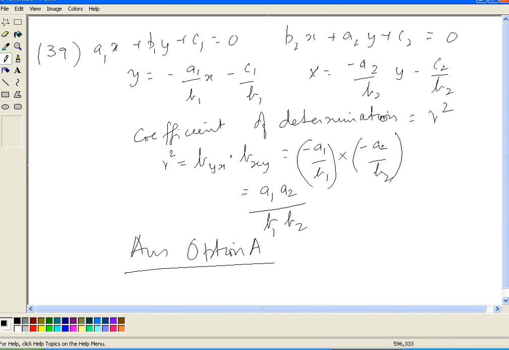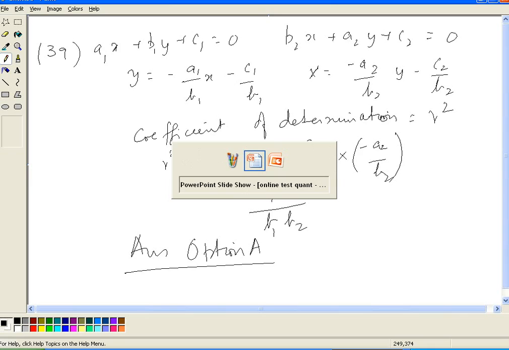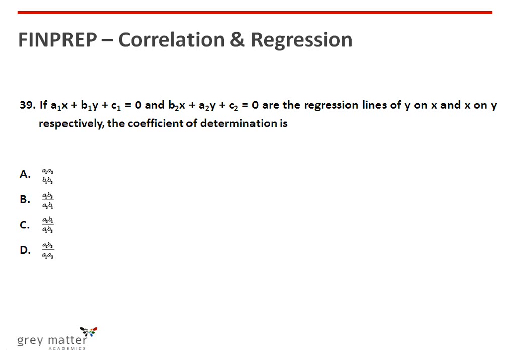So minus a1 by b1 into minus a2 by b2 is equal to a1 a2 by b1 b2. So the answer is option A. Going to the PowerPoint presentation, it is option A, which says a1 a2 by b1 b2.